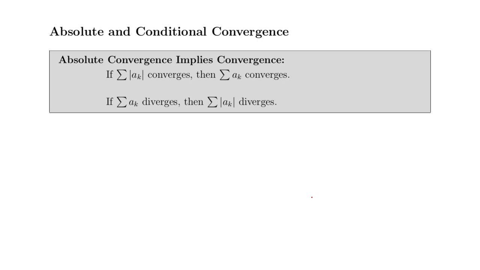So that's something that we'll keep an eye on, and we'll try and classify these as converging absolutely or conditionally. Normally, if you have a series that is only positive terms and it converges, then sure, the absolute value of it converges as well, because if it's already positive, then the absolute value is the same thing. But normally with a positive term series, we won't say that it converges absolutely. We'll just say it converges. It means the same thing, but it's just normally not a clarification that we make.